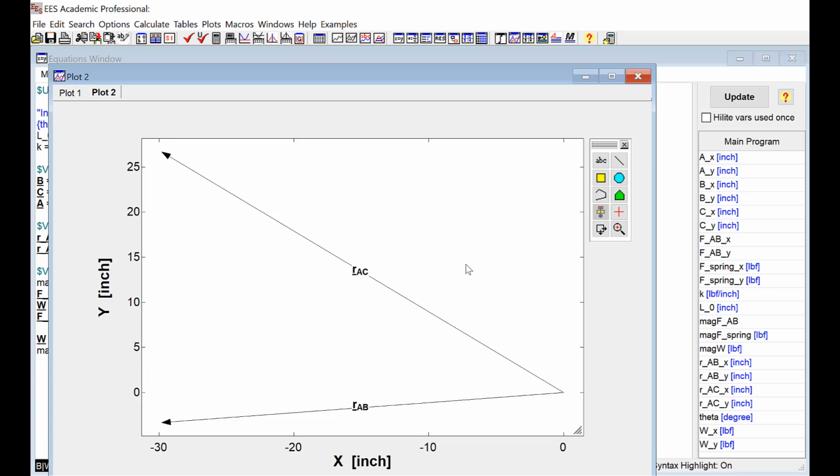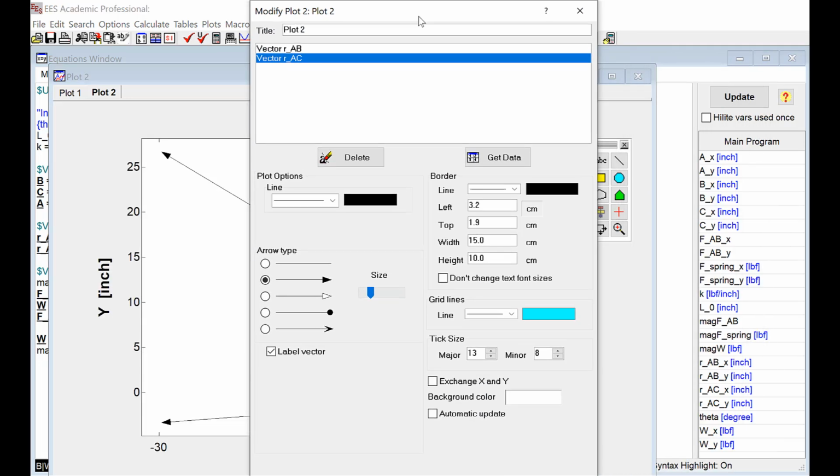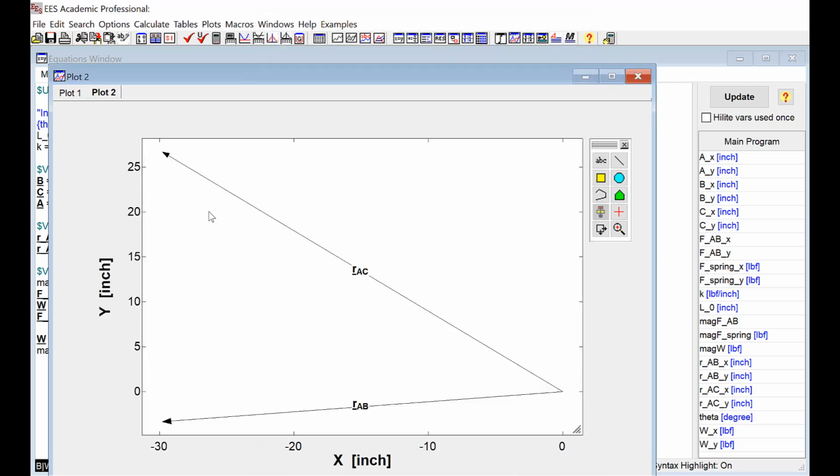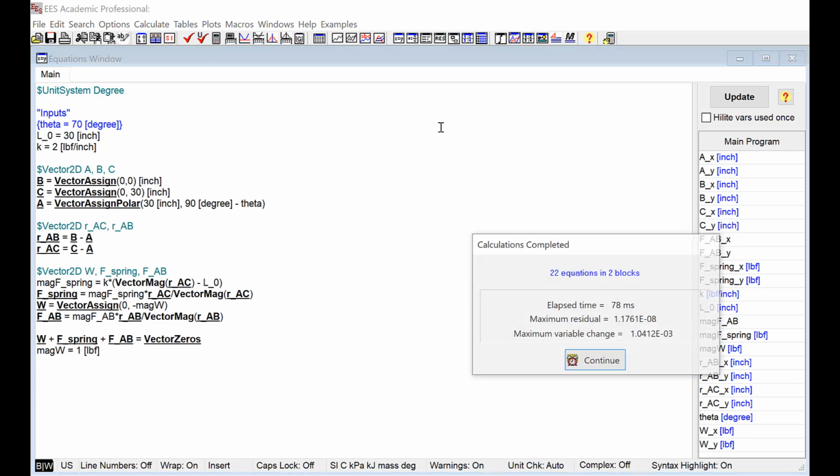Actually, what's really kind of cool is if I click on this, I can go down here and do automatic update. And so this is what the position looks like after I have pulled on the retractable tool holder with 15 pounds. When I reduce the amount, so let's make this just 1 pound, and we'll solve.